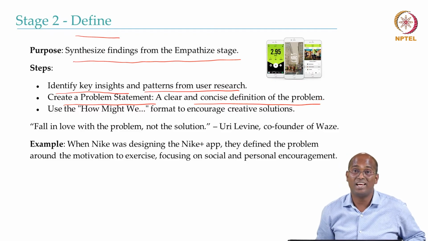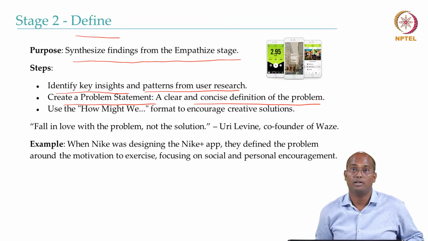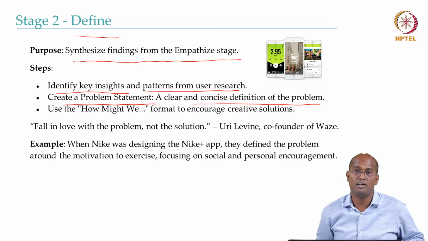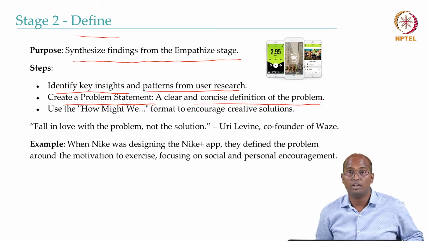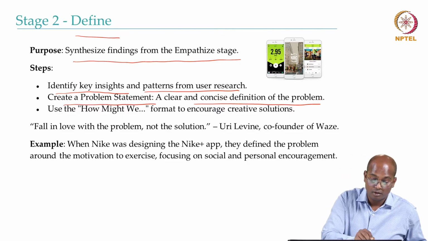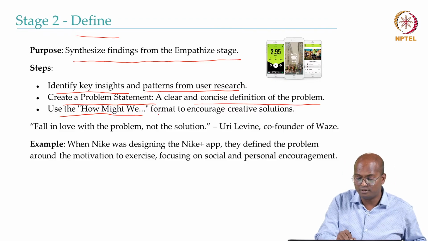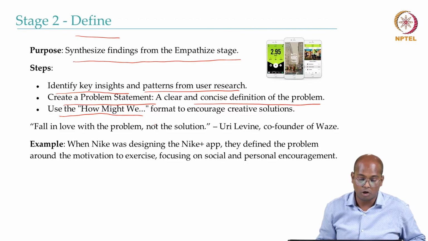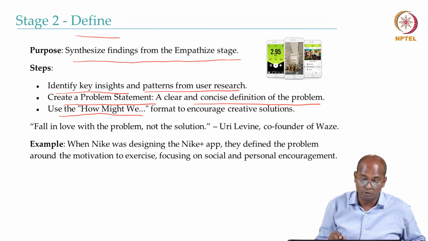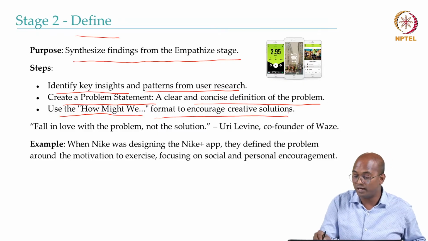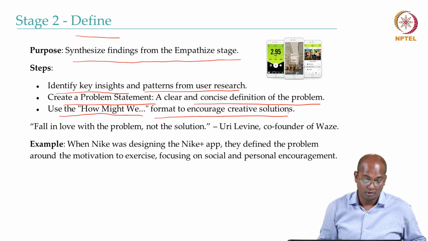There should not be any ambiguity, because if you have ambiguity in the problem statement, take my word, you will not be able to solve the problem efficiently, and that will unnecessarily create a gap in your system between the user and the developer. You can ask the question "how might we", which is one of the standards, in short called HMW, a format to encourage creative solutions.